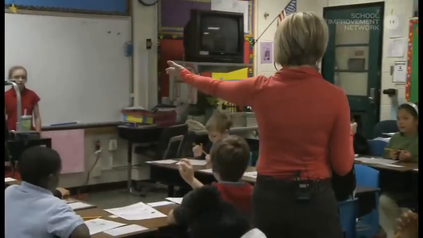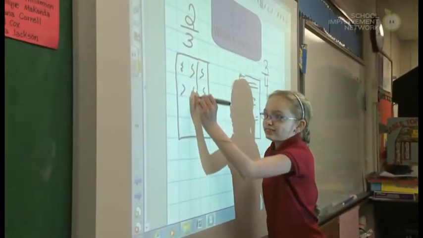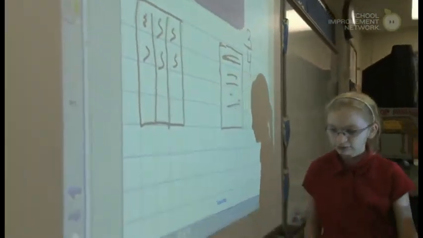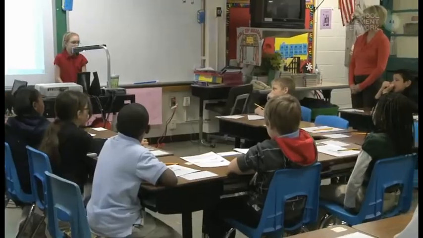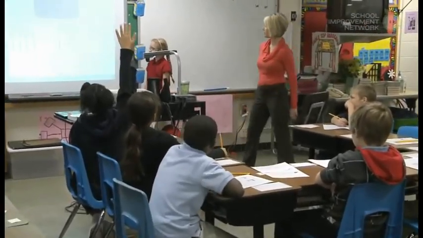That looks like a half, Caitlin. Does that look like a half to you? Does it still look like a half is shaded? Let's think about it, Caitlin. How many did you shade? I shaded 6.